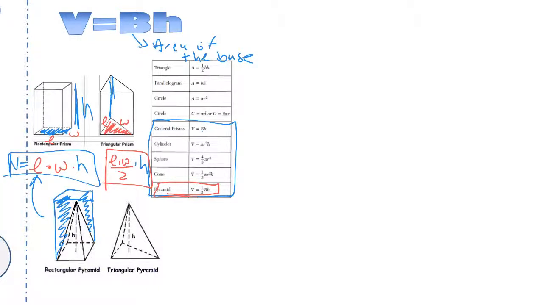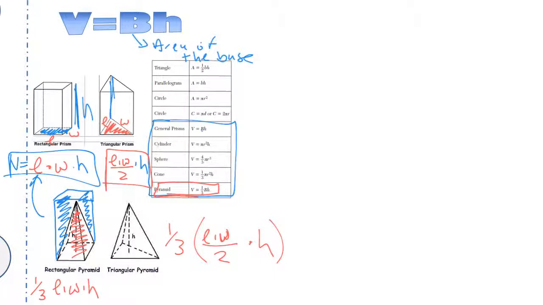So this pyramid is 1 out of the 3 spaces of the rectangular prism, length times width times height. So it's just 1/3 of that total volume. Same thing happens with a triangular pyramid. It's going to be 1/3 of the length times width divided by 2, since it's a triangle, times our height.